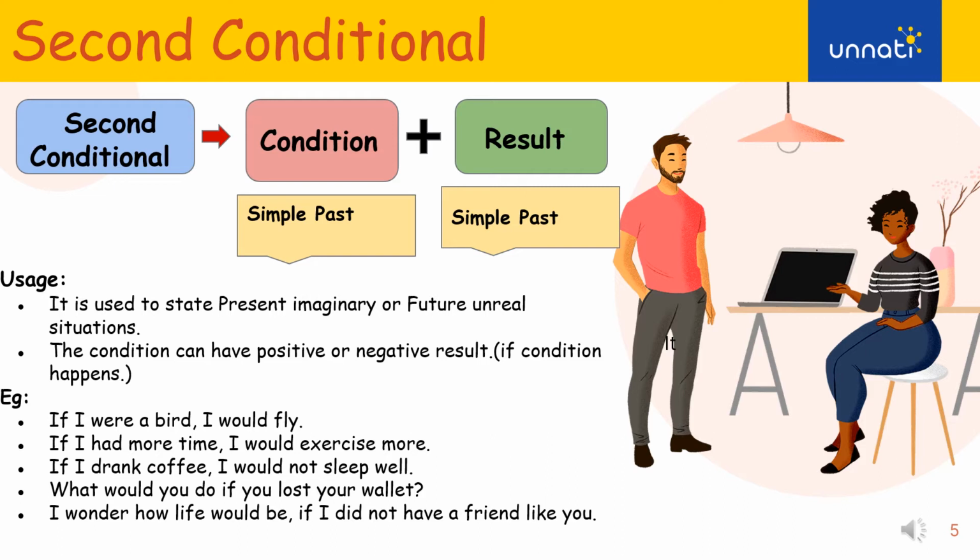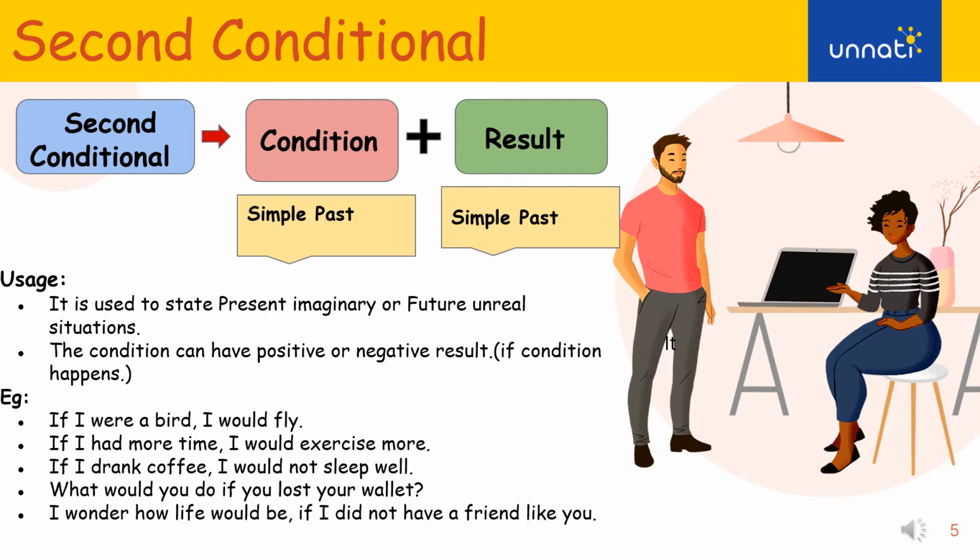So I repeat, in second conditional, both the condition as well as the result are in simple past tense. For example, if I were a bird, I would fly. If I were a bird, past tense, I would fly. Simple past tense. So this is a second conditional sentence.